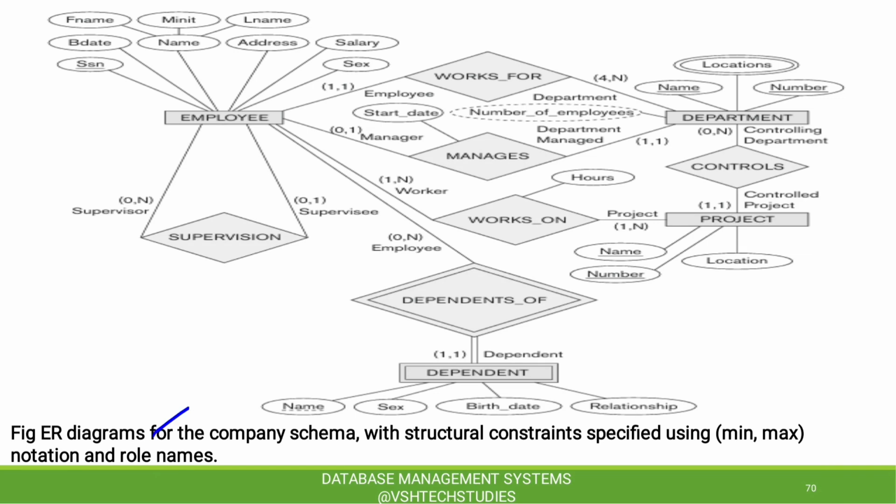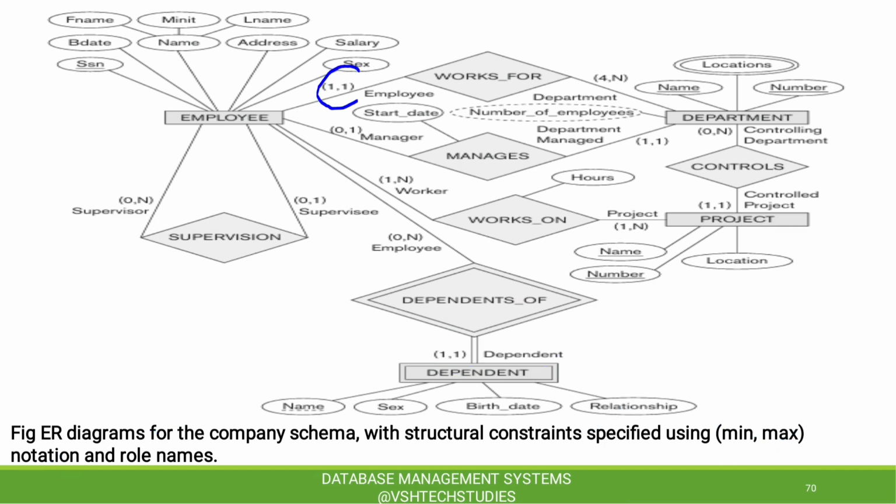This figure shows ER diagram for the company schema with structural constraints specified using min-max notation and role names. So first let us know what is meant by min-max notation. Min-max is the pair of numbers that is written on the line joining entity and relationship.